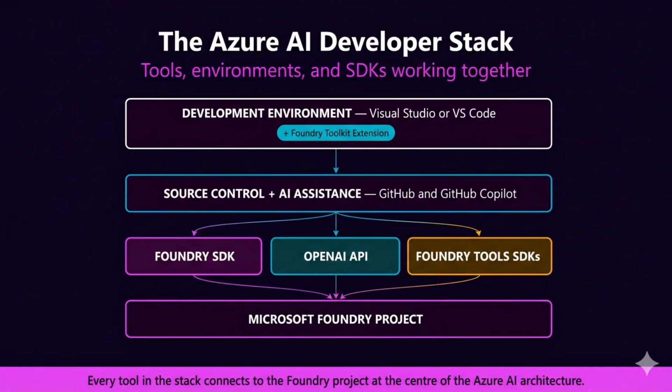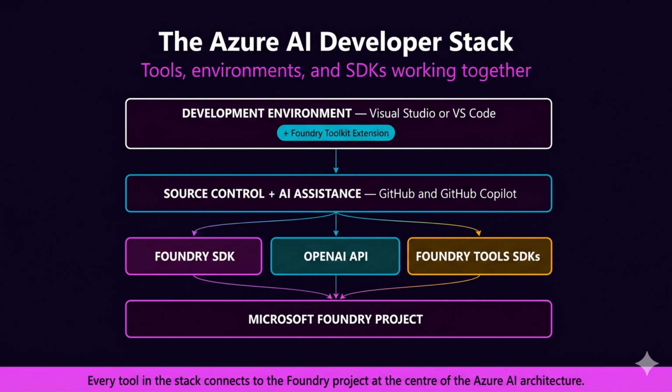Let us step back and look at the full picture. When you are building Azure AI applications on Foundry, you are working across several layers simultaneously. At the top is your development environment, Visual Studio or VS Code. If you are in VS Code, the Foundry Toolkit extension brings Foundry project management directly into your editor.